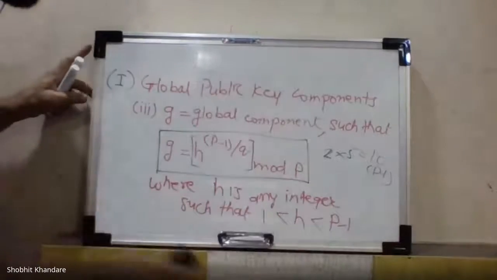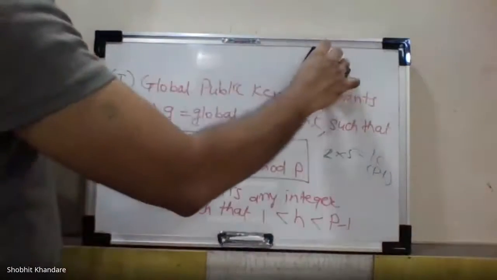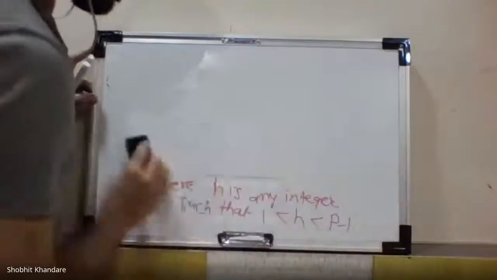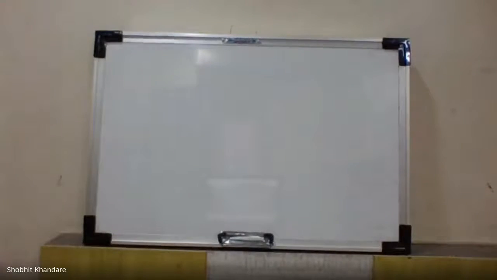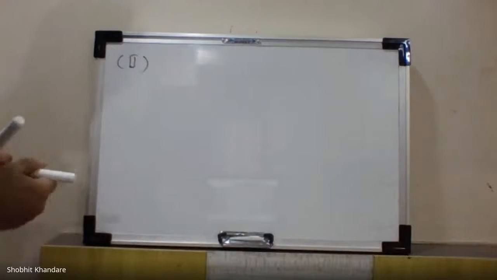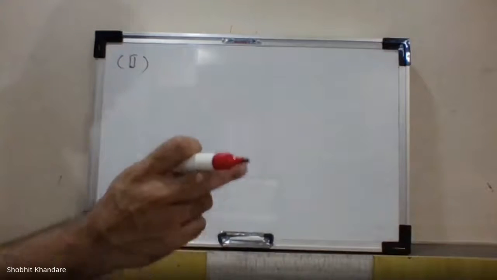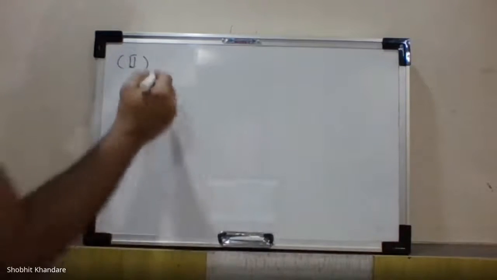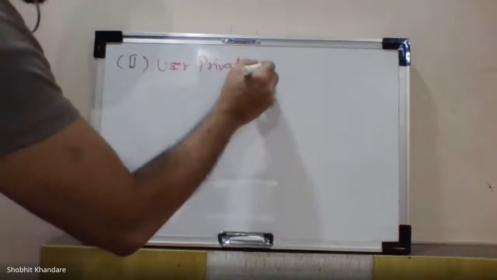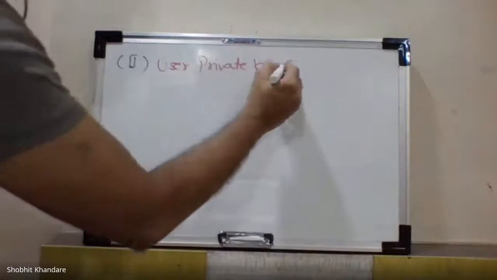Shall I rub this part? Now go to Roman number 2. Now in Roman number 2, I will be using the private key. Write down user private key, which is given by small x.